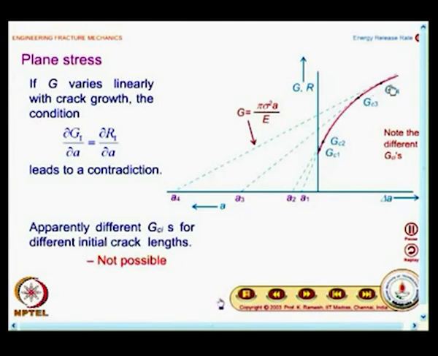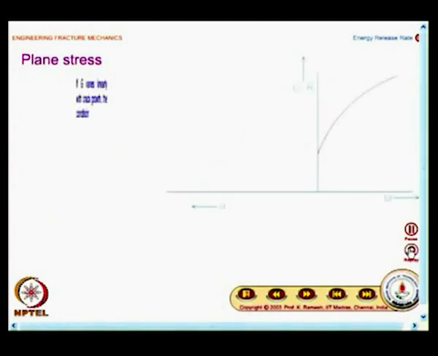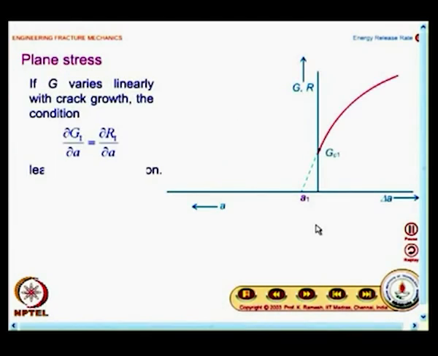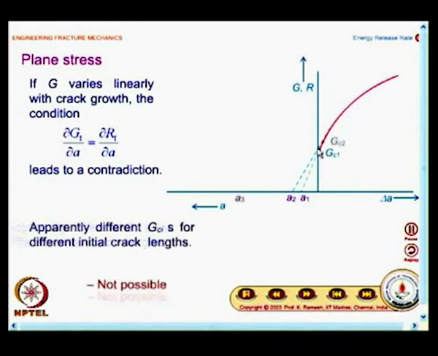Now, R is a curve, and when I have cracks of different lengths A1, A2, A3, A4, I think I would redo the animation. Have a look at how the different crack lengths indicate the critical value of G.